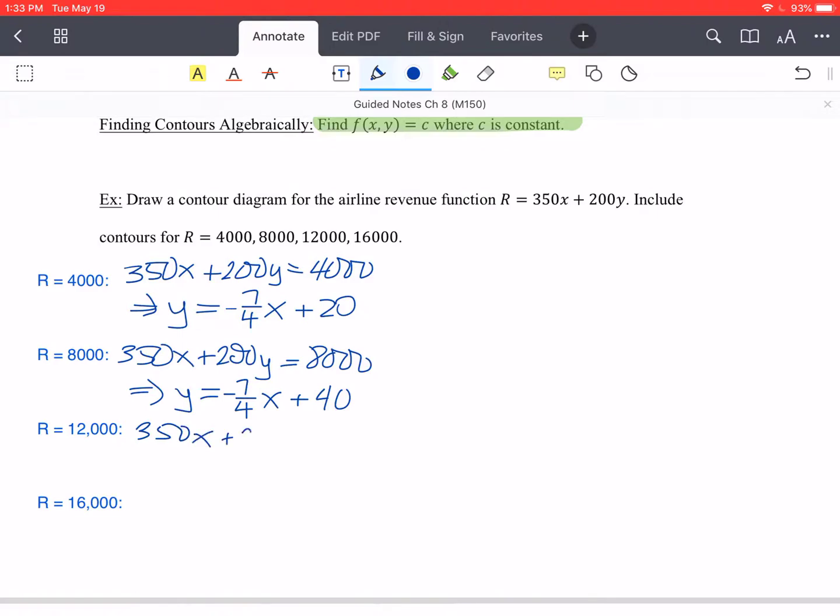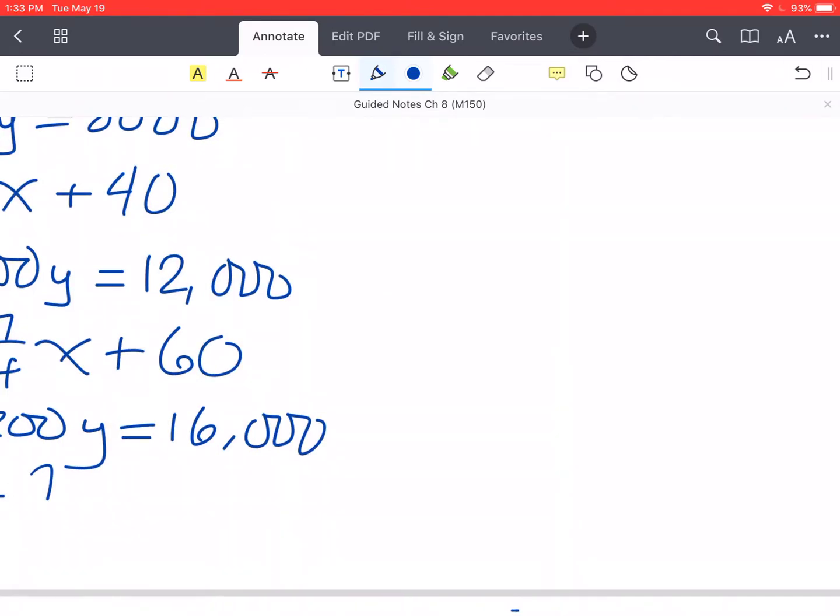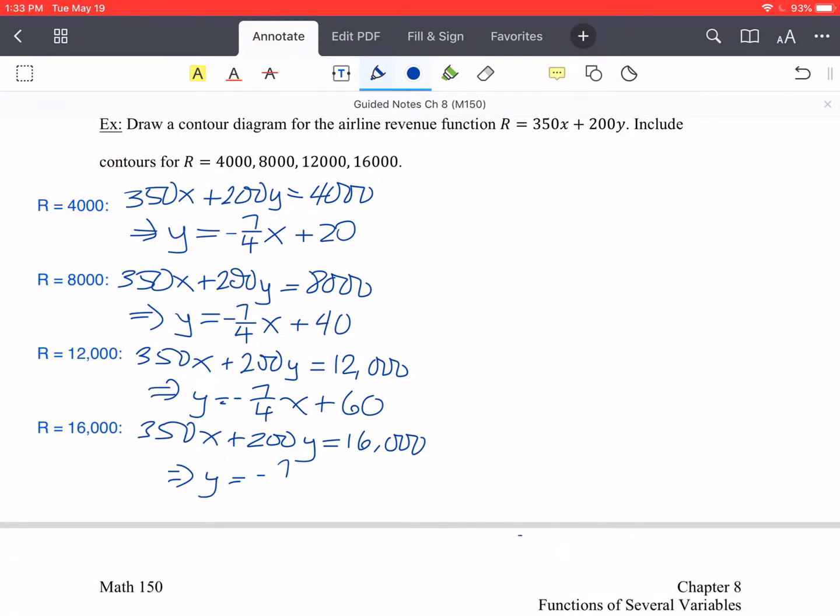When r is 12,000, we get the function y equals negative 7/4 x plus 60. And then when r is 16,000, again solving for y, we get negative 7/4 x plus 80.